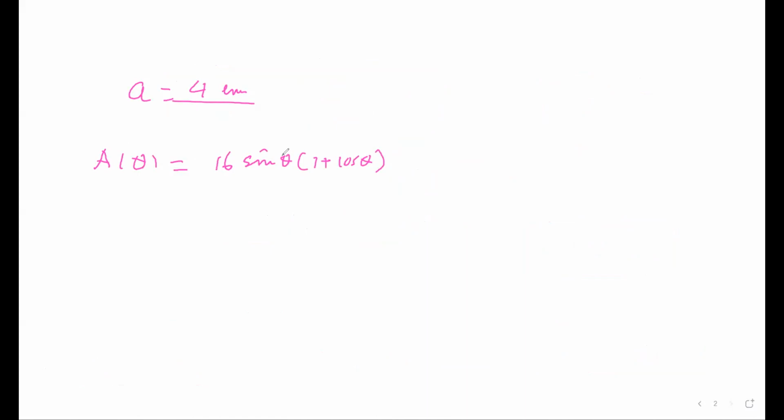Can we write this in another way for better understanding? 16 sin theta plus, can we write 2 cos theta sin theta equal to sin 2 theta? Yes, sir. So it would be equal to 16 sin theta plus 8 sin 2 theta.